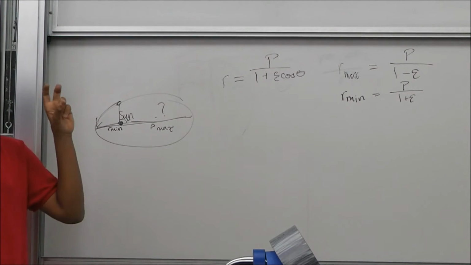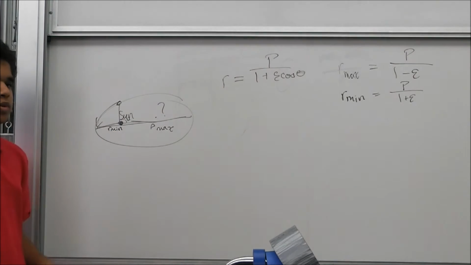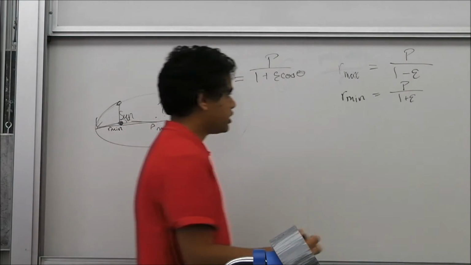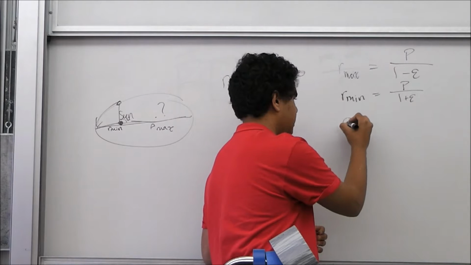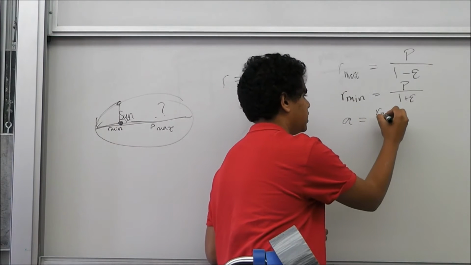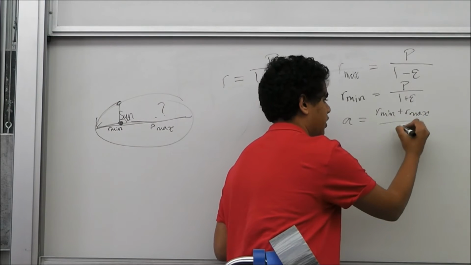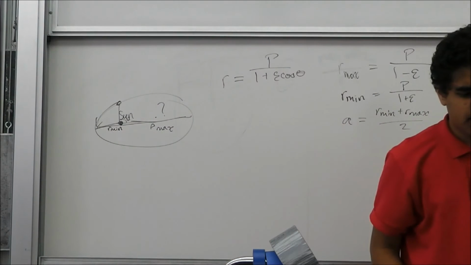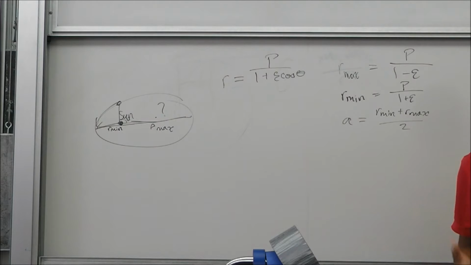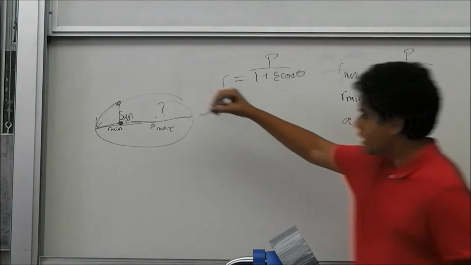So the maximum radius of the ellipse would be that arithmetic mean. So we have our semi-major axis, A, equals r min plus r max over 2. Then we have the semi-minor axis, which is this axis here.